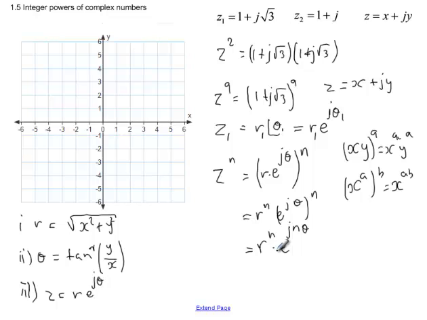Any questions? Any clarifications? Do you have any problems with that? Is everything clear, guys? Now, if everything is clear, can we then take this number? Can you please write something like this number to the power 5.